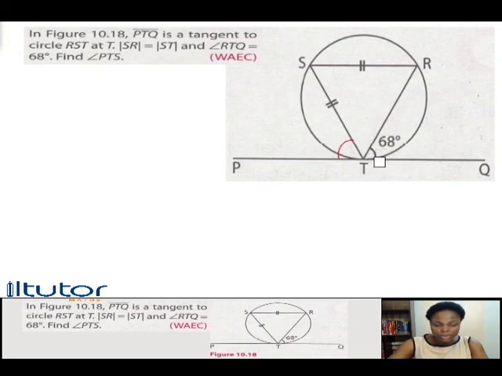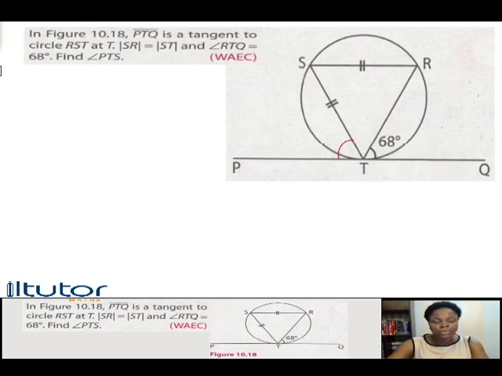There are two angles between this tangent and these two chords on this circle. Now you have two chords here. You have chord TR and you have chord TS, that are connected to this tangent.